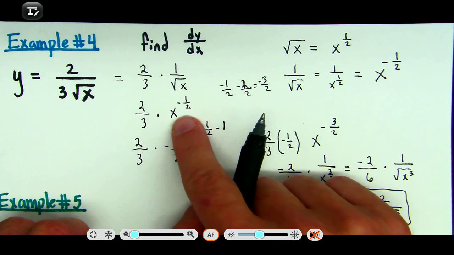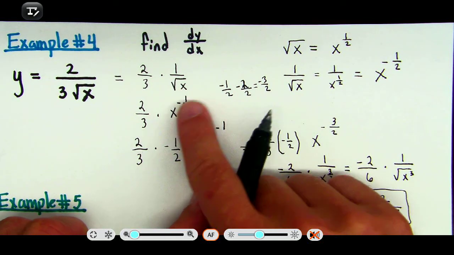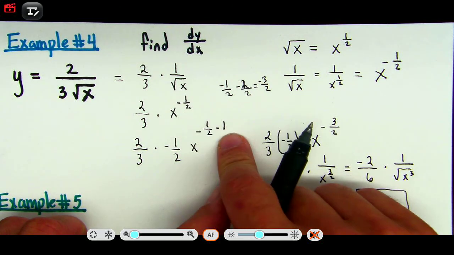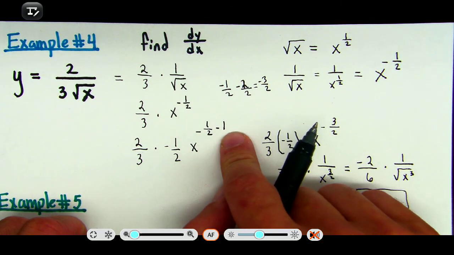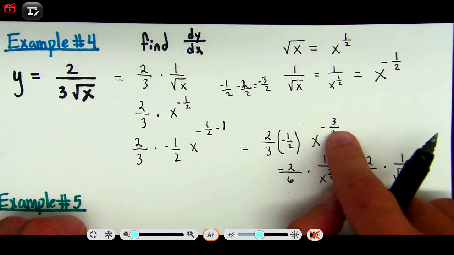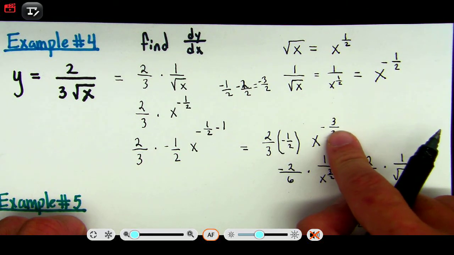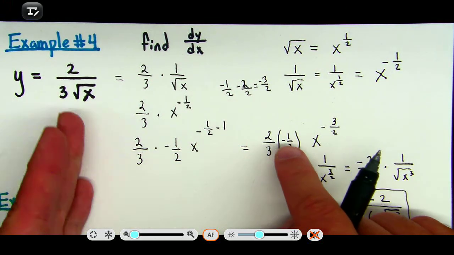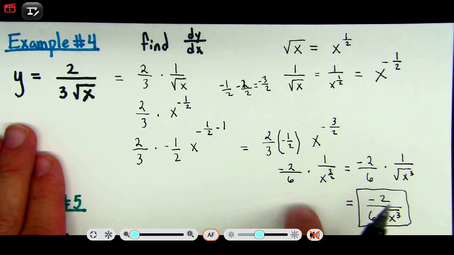So this negative 1/2, you bring it down here. Then you have to subtract 1. So negative 1/2 minus 1 will become negative 3 over 2. Now, let's bring that 2 over 3 back in. So you multiply these two fractions, you get negative 2 over 6.